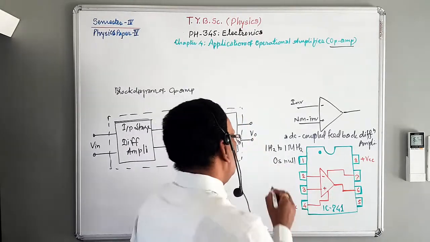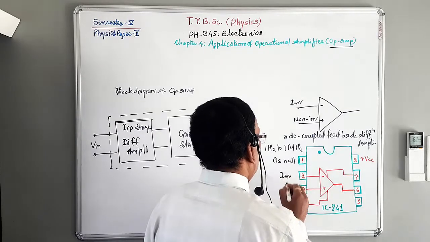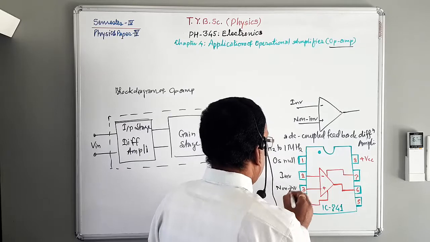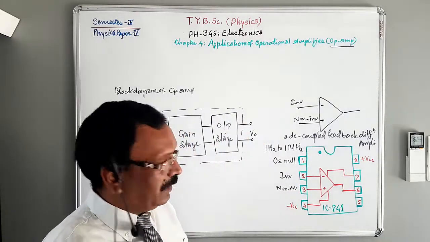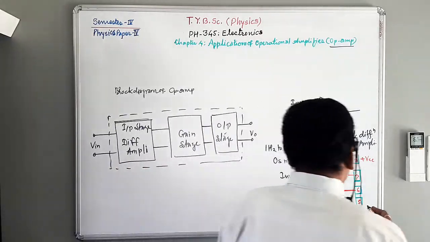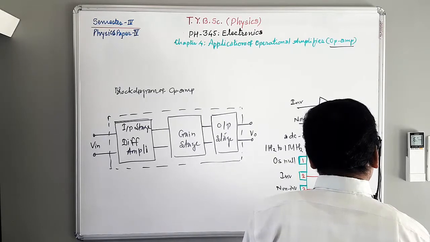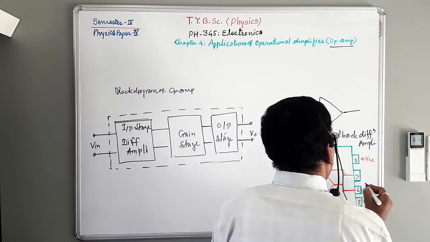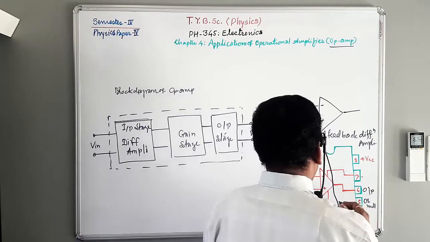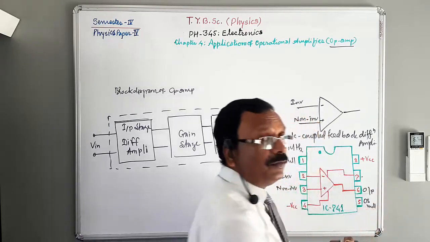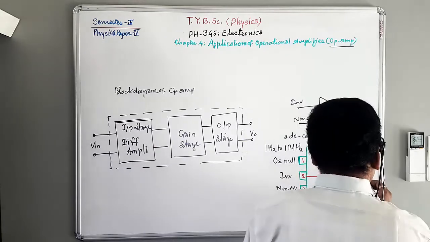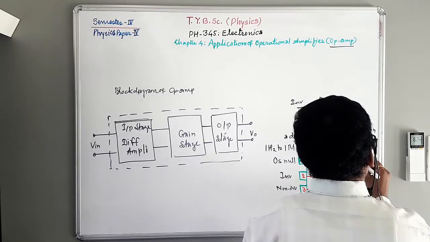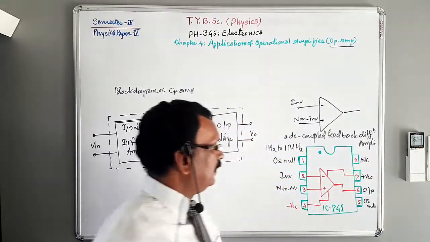Pin number 2 is the inverting terminal. Pin number 3 is the non-inverting terminal. Pin number 4 is negative VCC. Pin number 5 is offset null. Pin number 6 is output. Pin number 7 is positive VCC. And pin number 8 has no connection, that is NC.